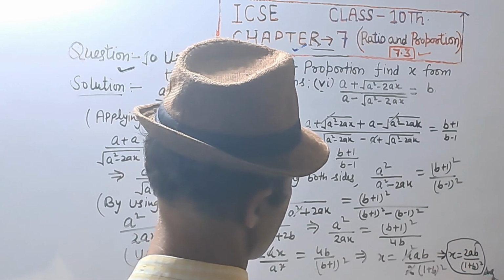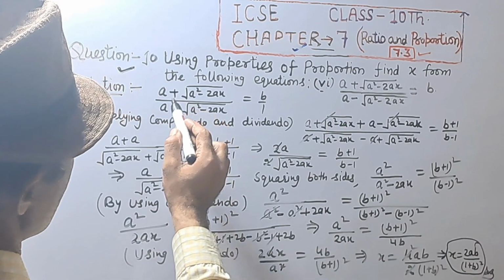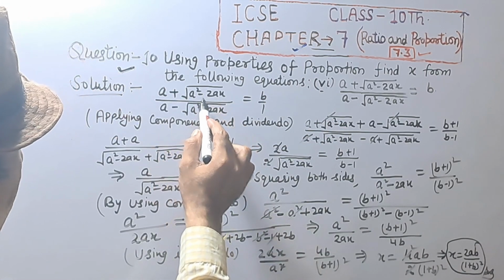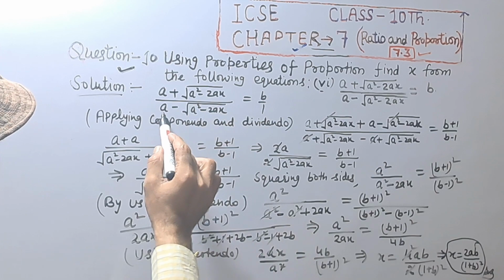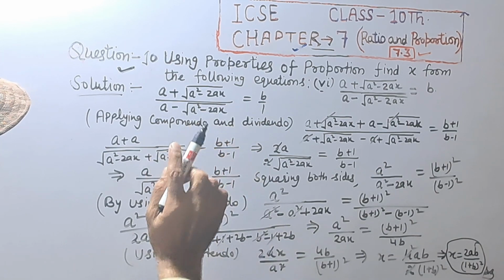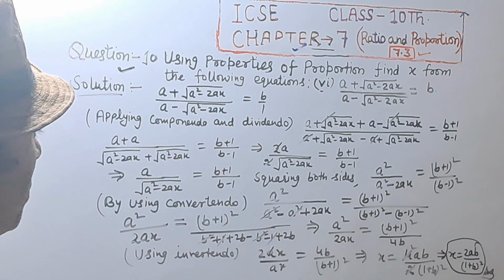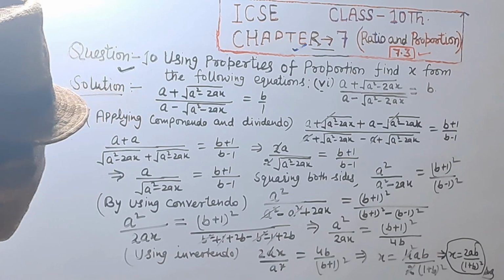Answer. Given (a + √(a² − 2ax)) upon (a − √(a² − 2ax)) is equal to b upon 1.